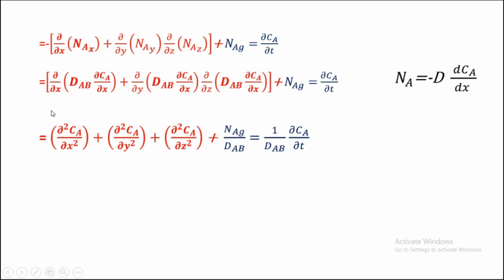Now in this equation, if you multiply ∂/∂x into ∂Ca/∂x, it will give ∂²Ca/∂x². Then DAB is common in all the parameters, so we can take it outside to the right hand side. So the equation is deduced. The final form of the three-dimensional mass diffusion equation is given and stated here.